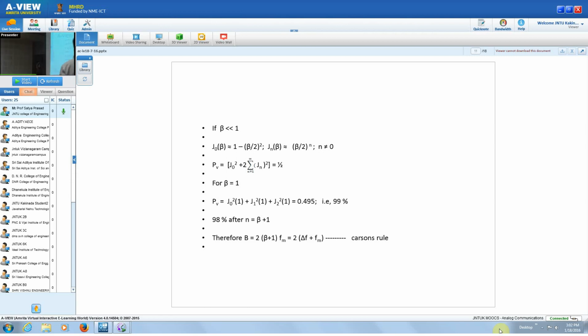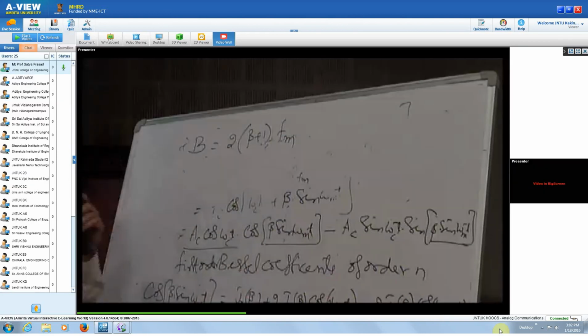So therefore, the bandwidth required for your FM signal, bandwidth B equal to twice beta plus 1 into Fm.